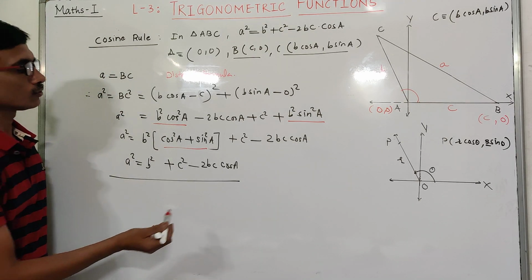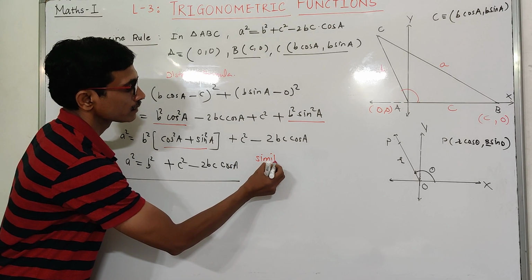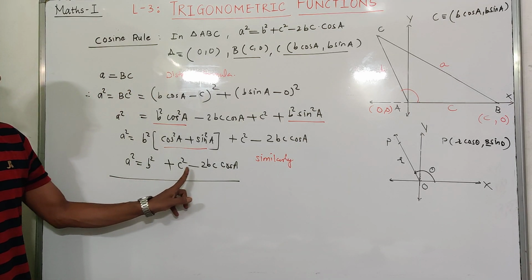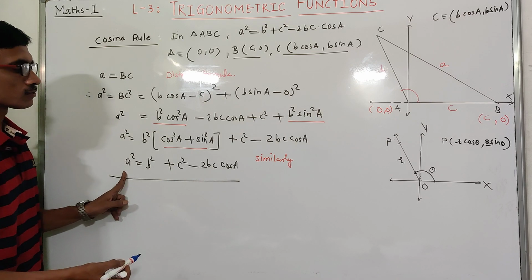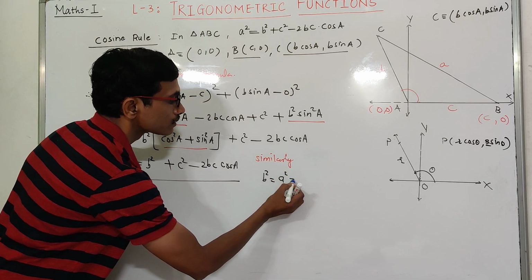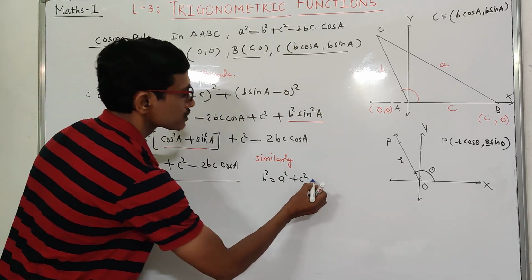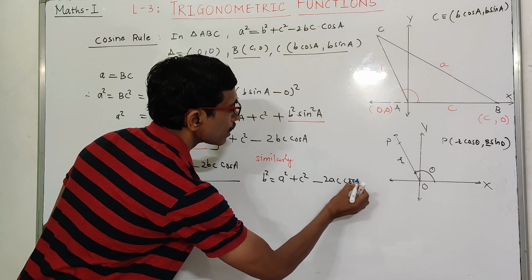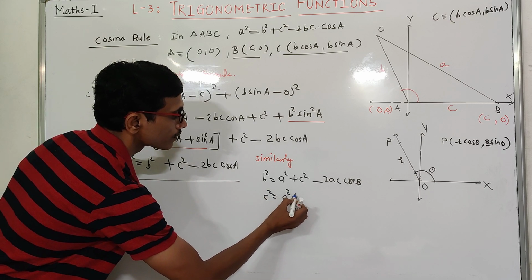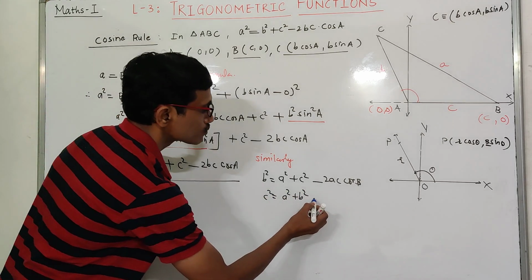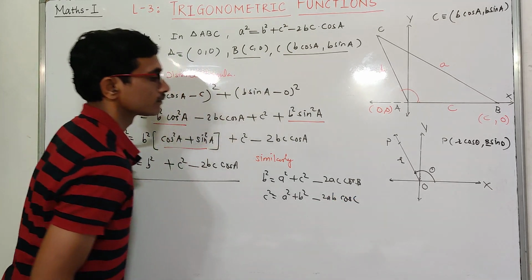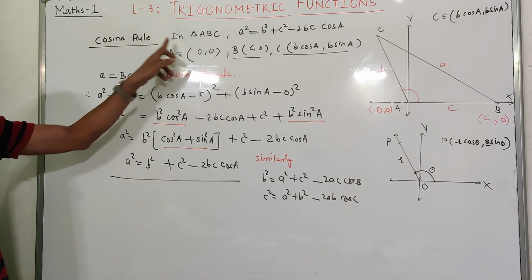Similarly we can show, here a square, b square, c square, 2bc cos A. So therefore b square we can write as a square plus c square minus 2ac cos B, and c square is equal to a square plus b square minus 2ab cos C. So this is the cosine rule.